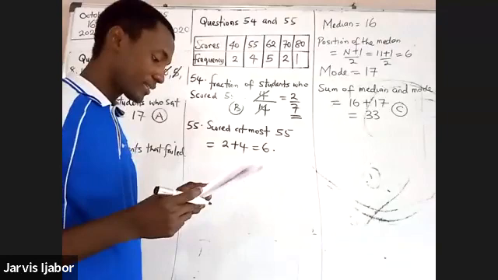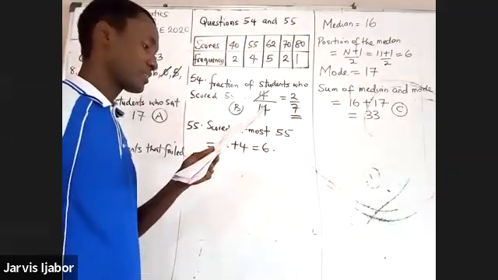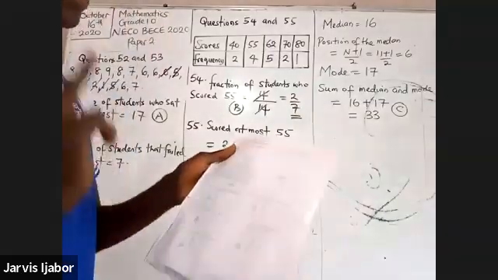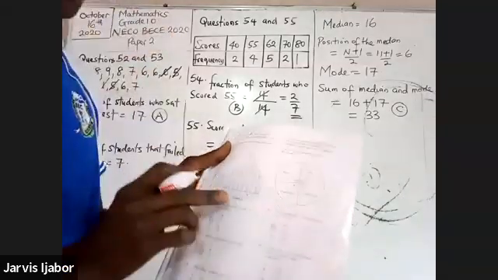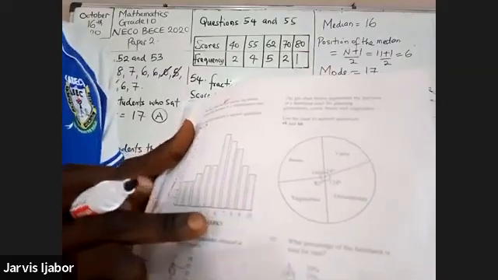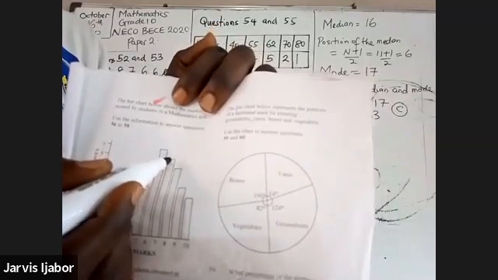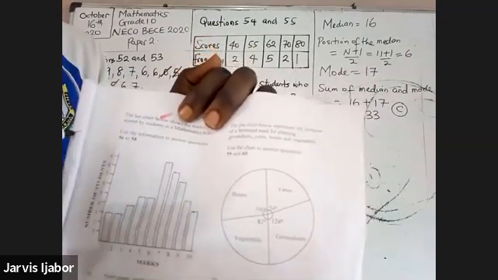We are asked, how many students obtained at least 6 marks? Now, at least means the least score should be 6 marks. That's this one. So to solve this question, you simply add the frequency here to the frequency here, and so on.